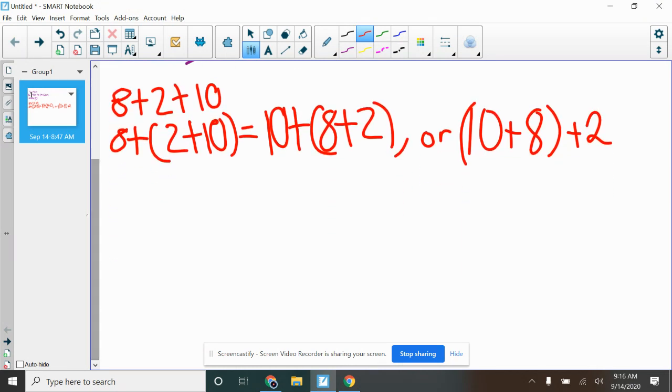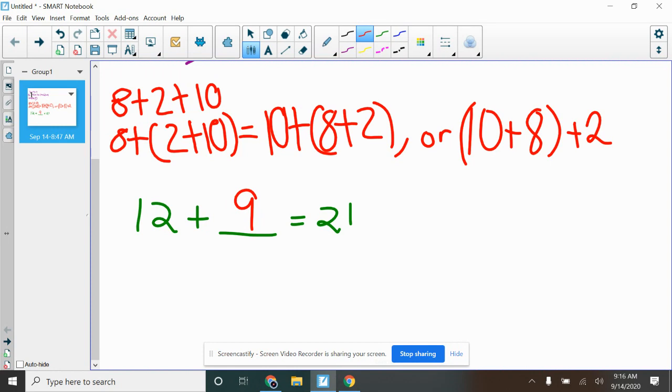So for this example, 12 plus blank equals 21, you had to figure out what the blank number was. Many of you, because you're 5th graders, are saying, oh, that's easy, because I know that 12 plus 9 equals 21. That was the fast, easy way to come up with your answer, and that is the correct answer.